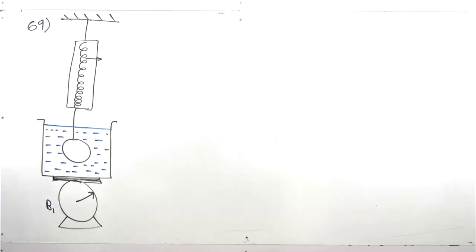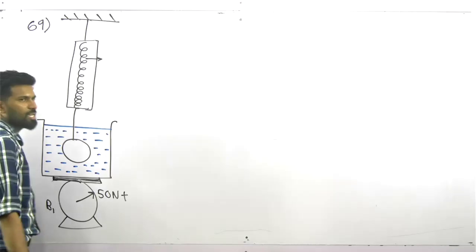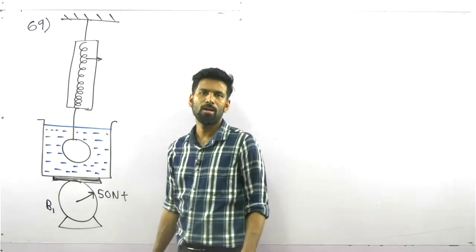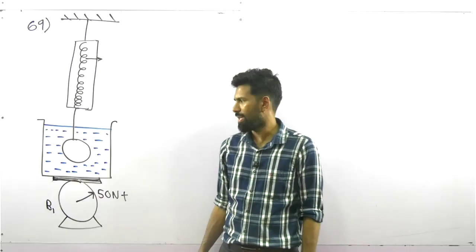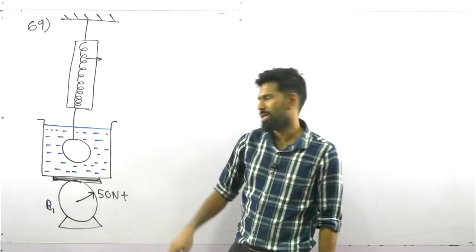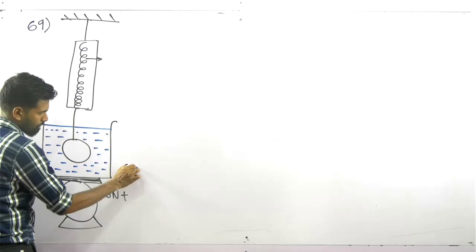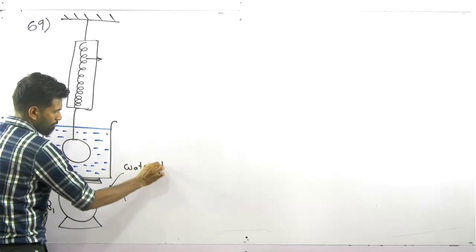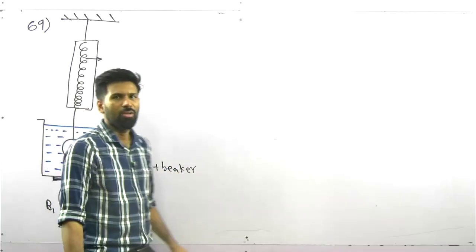So this balance will definitely read 50 newtons, because the mass of the water and the beaker is 5 kg. Water plus beaker, 50 newtons.